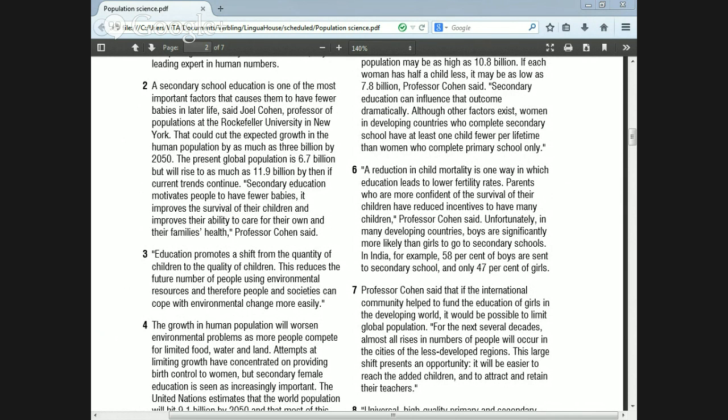Yeah. Do you guys agree with this? I agree. Do you agree? Completely agreed. What do you guys think of China and their one-child policy?